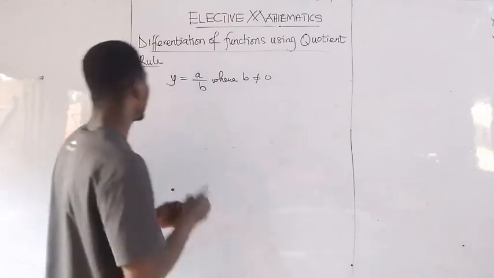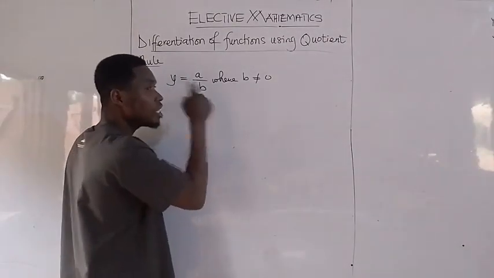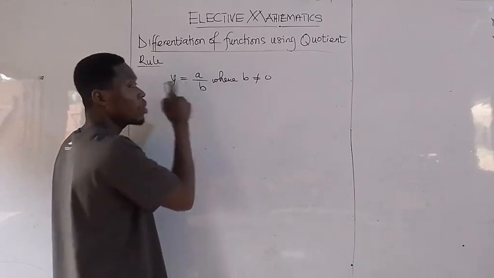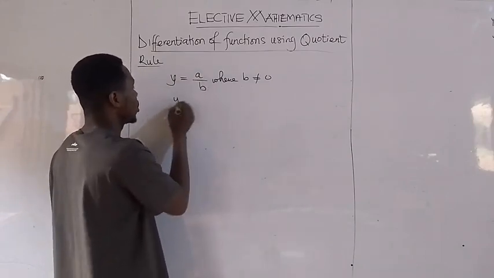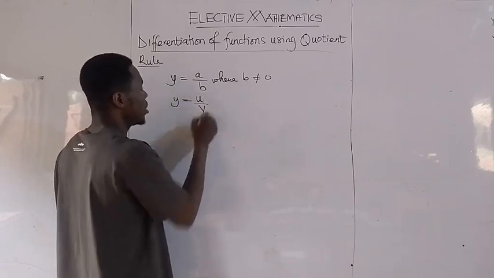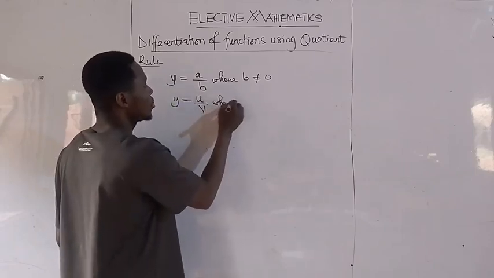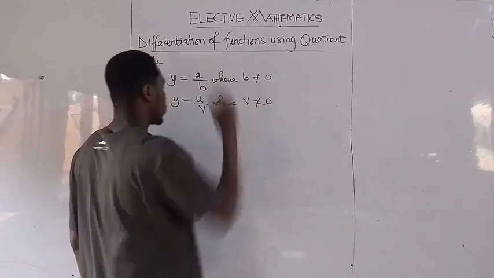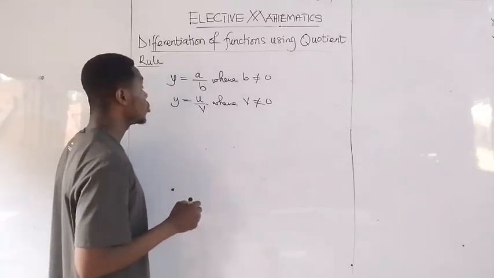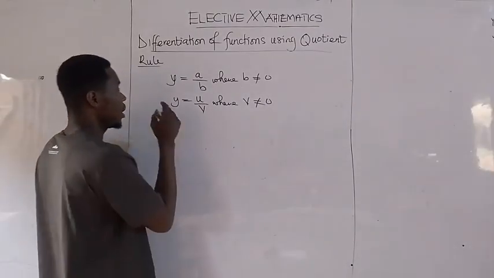So this is what we do when we want to differentiate u over v, where v is never equal to 0.